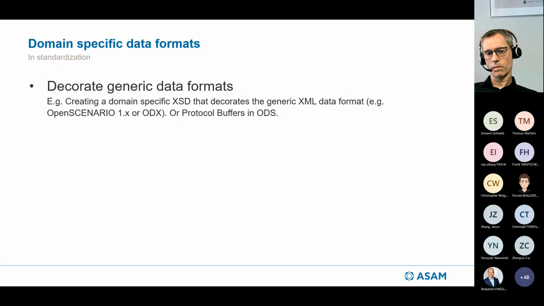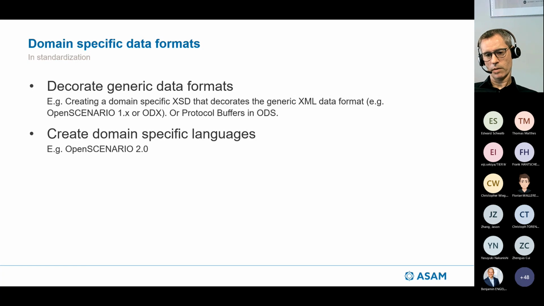That's what we do, for example, in OpenSCENARIO or in ODX, or for example, with protocol buffers in ODS, where we have some kind of a data schema that just sits on top of a specific generic data format.